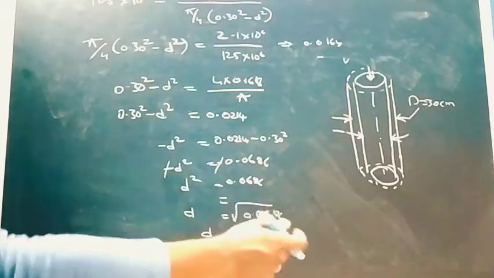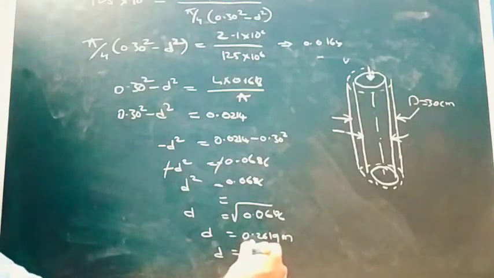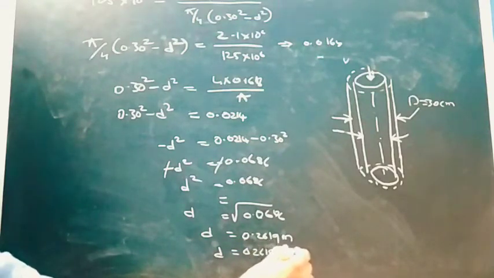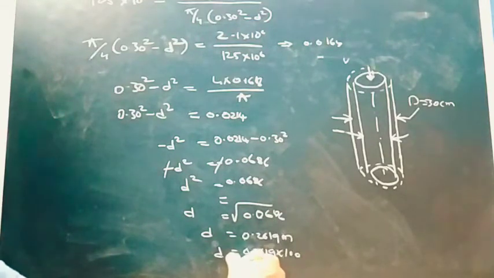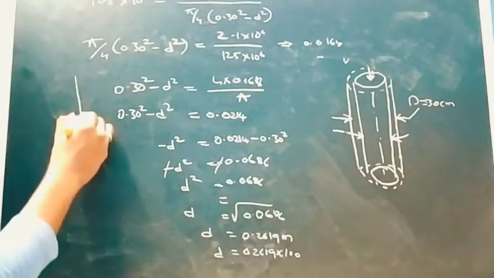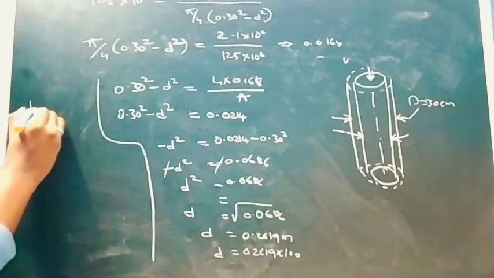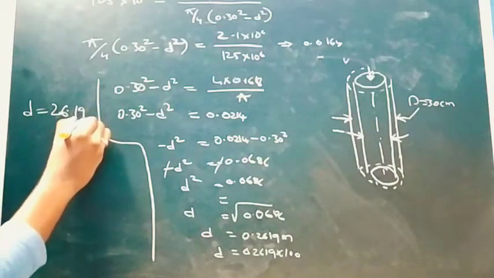To convert this into centimeters, we multiply 0.2619 by 100, since 1 meter equals 100 centimeters. So we get d equals 26.19 centimeters.